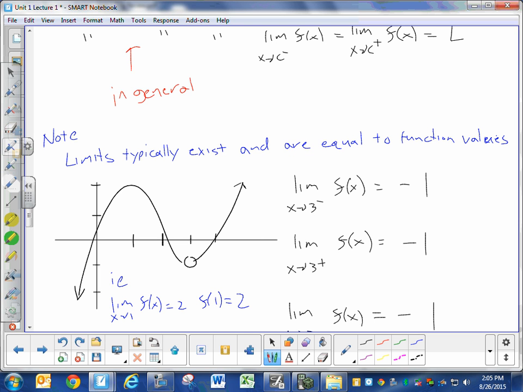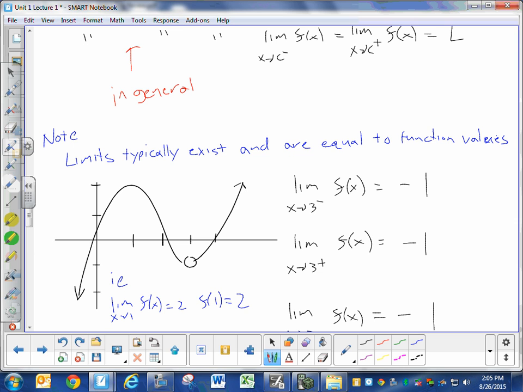So limits and function values can exist if you have a sine curve, or a straight line, or a parabola, cubic, quad, anything. Doesn't matter what it looks like, as long as it's continuous. I'll talk about continuity. You can choose any point along a graph to be a limit.